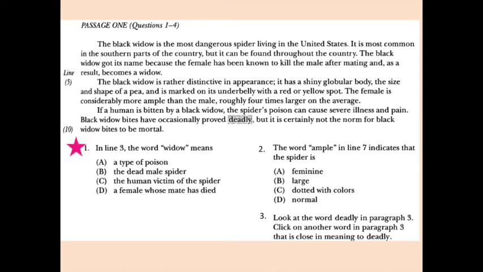In line 3, the word widow means... First we need to read the sentence. The black widow got its name because the female has been known to kill the male after mating, and as a result becomes a widow.